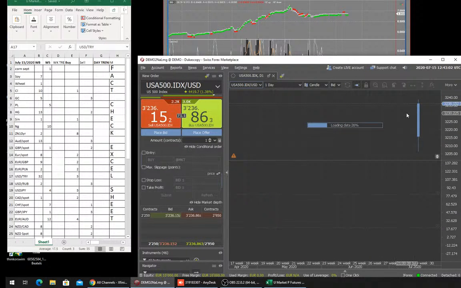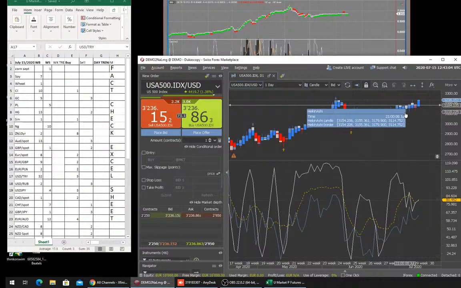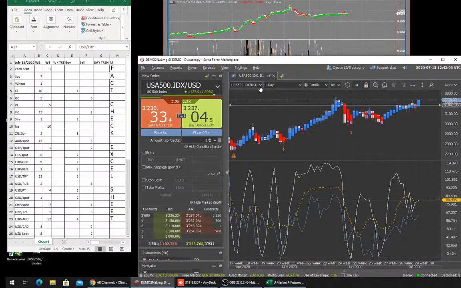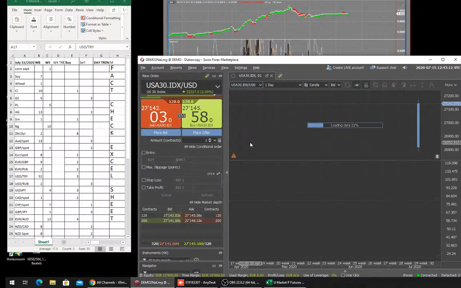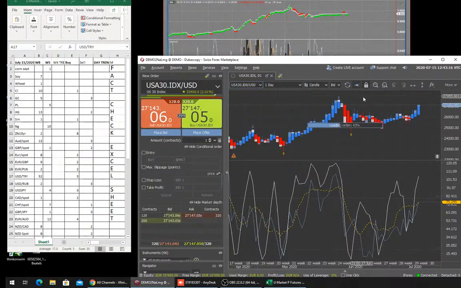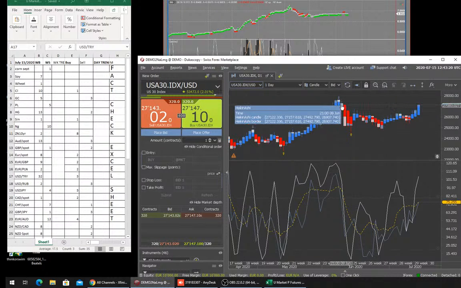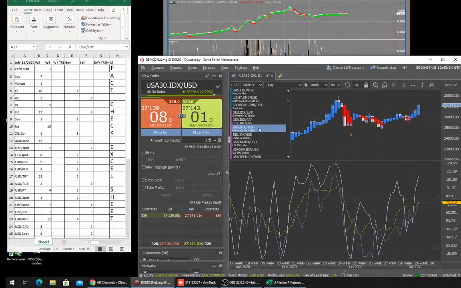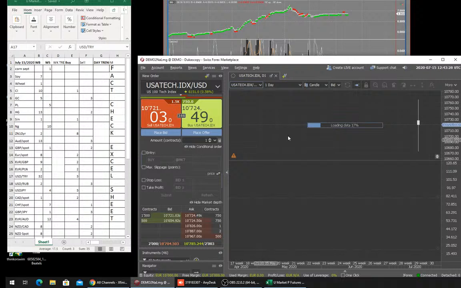Let's see. Yeah, it looks like it's at the highs, going to take out these highs here, and let's see what the Dow Jones Industrial Average is doing. The Dow's over 2,700 now. So it's going after that area there, but it hasn't taken out this high. And let's see what the Nasdaq. The Nasdaq seems to be back in filling after that mad rush.